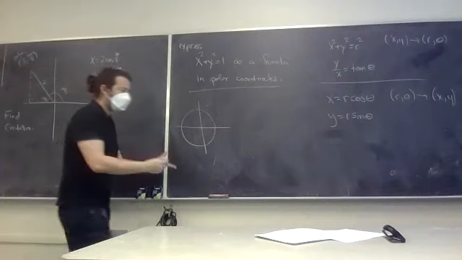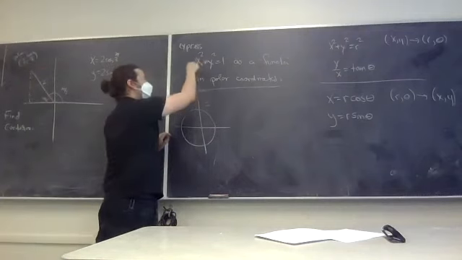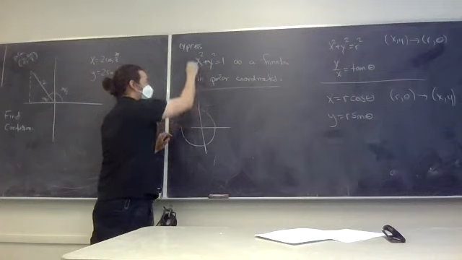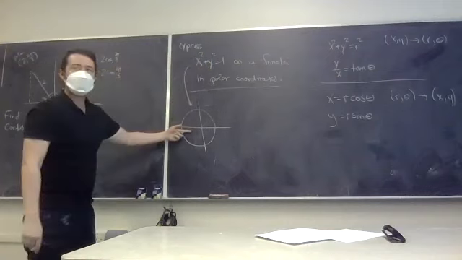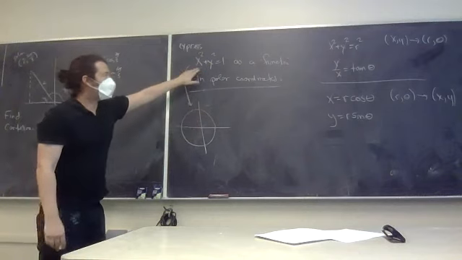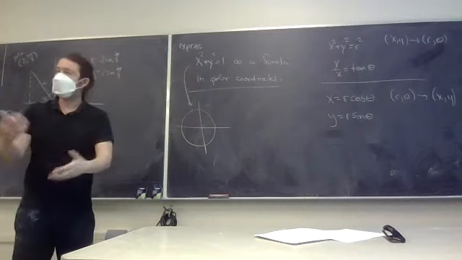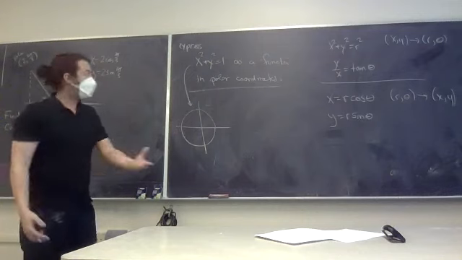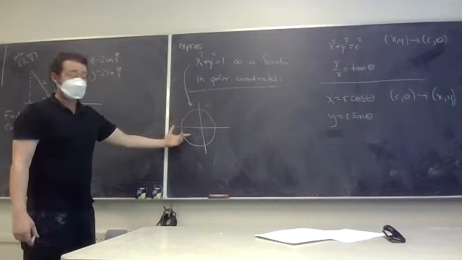Not a function, so this is an issue, right? This relation defines the circle. All the points that make the circle up satisfy this relation, but I can't think of one of the variables as independent because it's not a function. It fails the vertical line test.